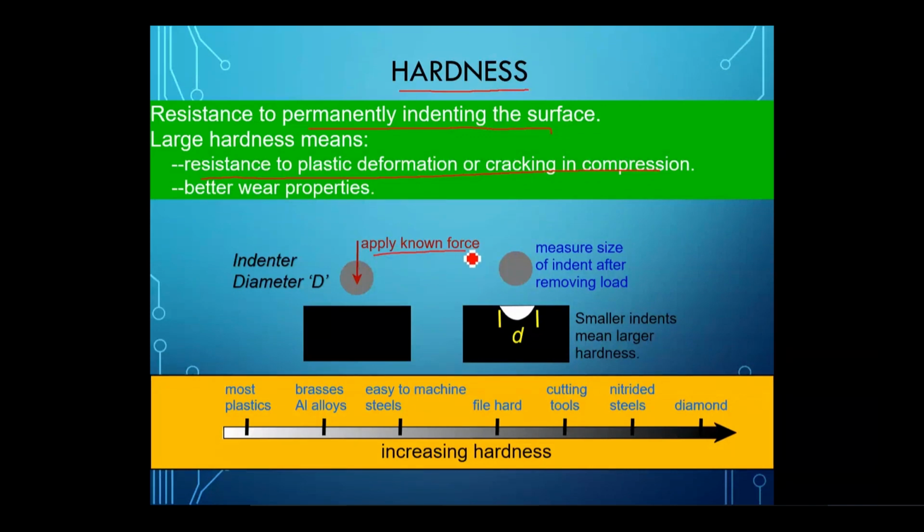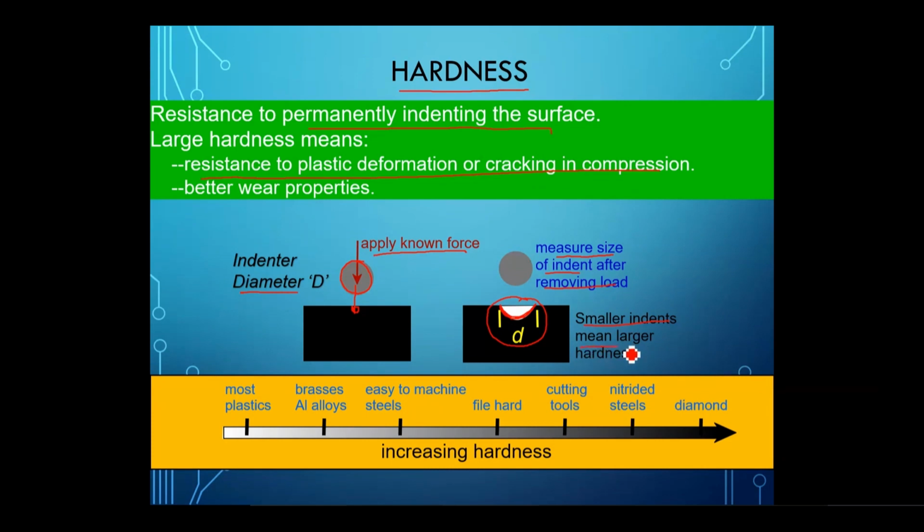You apply a known force. ये बॉल होती है, स्टील की बॉल होती है, having a specific diameter, and you apply this force on the material, and the size of the indent would reflect the resistance of the material. So measure size of indent after removing the load. You apply certain load, then you remove the load and you measure the size of the deformation.